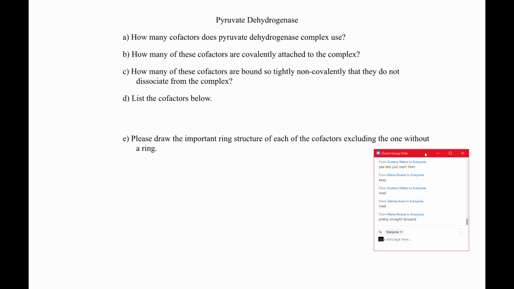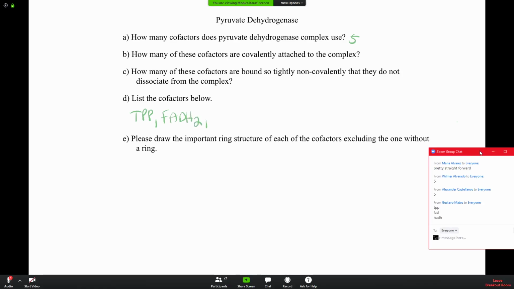So how many cofactors do we have? What are they? And if you guys don't know where to get those, you can always go to the PowerPoint.